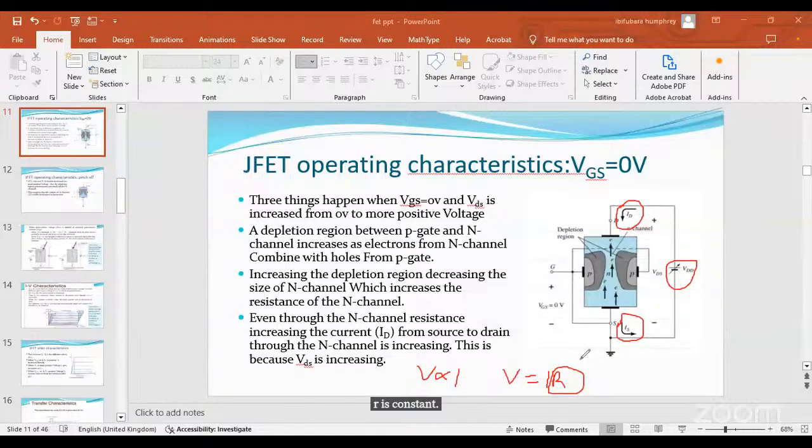But when you keep increasing VDS, it will get to a level. Then R will begin to increase. When R begins to increase, of course, you know that these two parameters cannot increase at the same time. If V is increasing, I is increasing, R will remain constant.